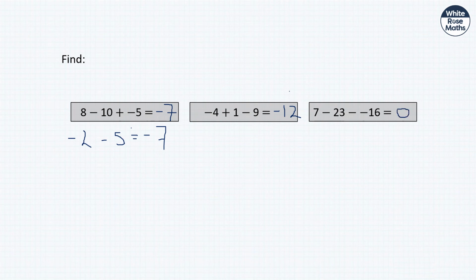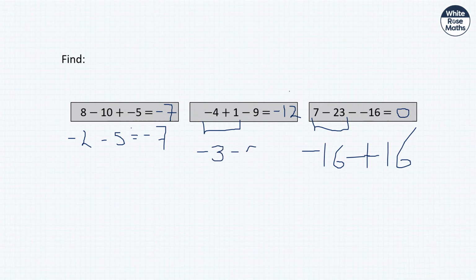So being very careful there. This part here gives you minus 16, and then I'm subtracting negative 16, which goes to a positive. And similarly here, that gave me negative 3, and then I did negative 3 subtract 9, guys.